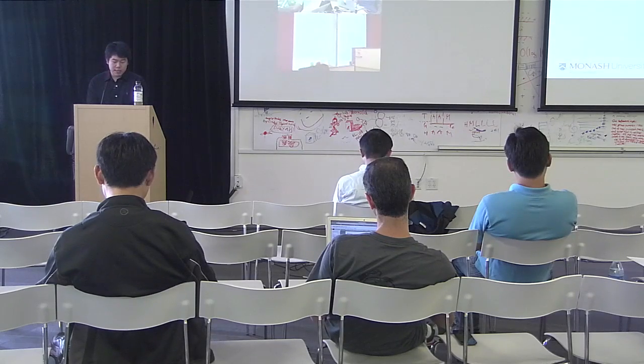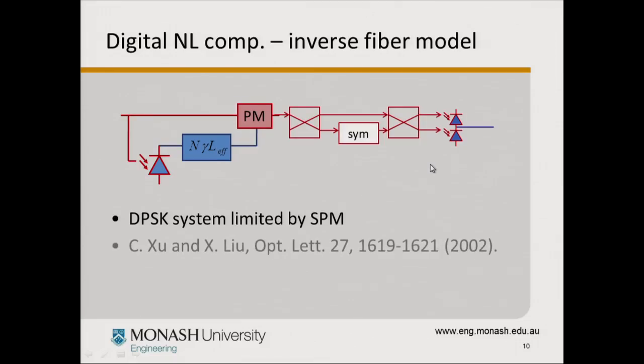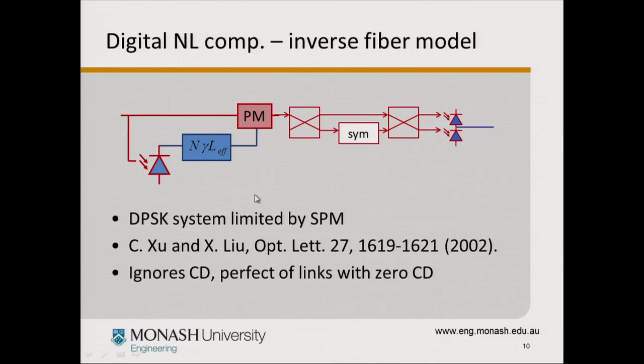The first time that this was proposed was for a DPSK system in a dispersion compensated link, and this was done in 2002 at Bell Labs. Of course, as I mentioned before, it completely ignores the effect of chromatic dispersion.